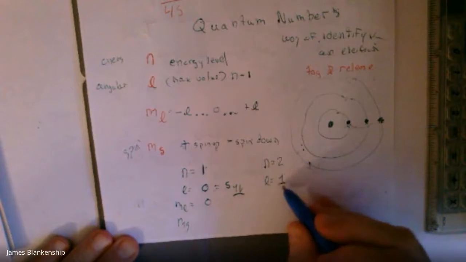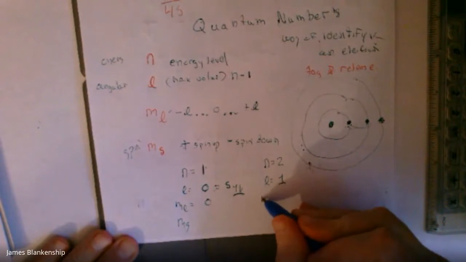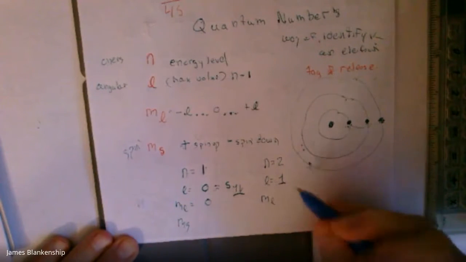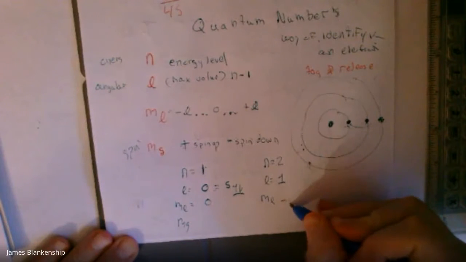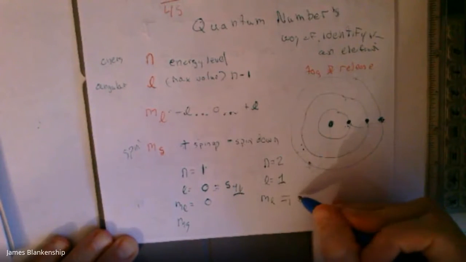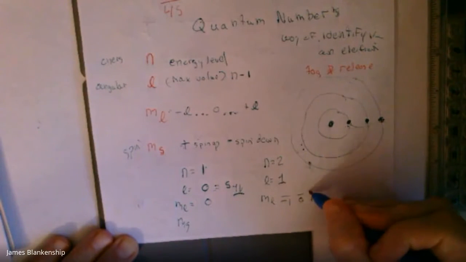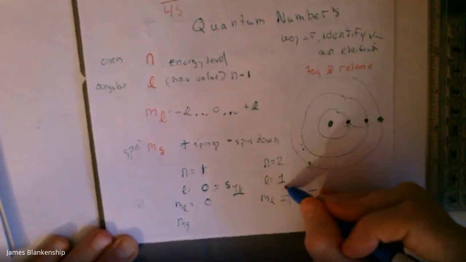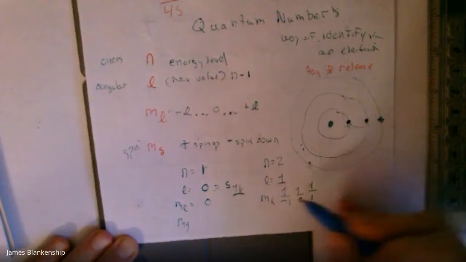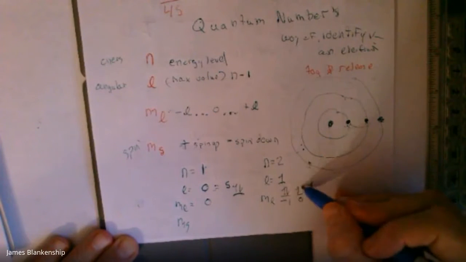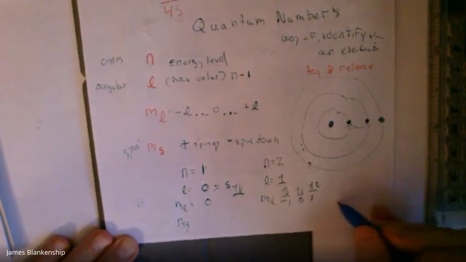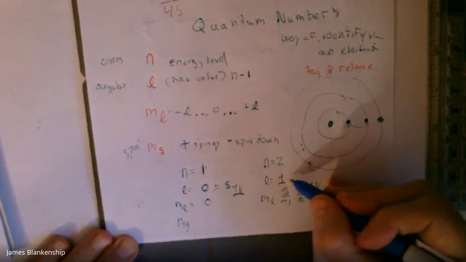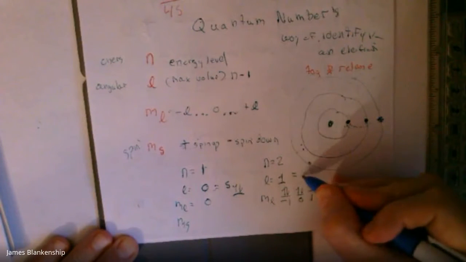Now, when our L equals 1, we can have an M sub L that is -1, 0, and 1. And each of these can have 2, so that's 1, 2, 3, spin up, 4, 5, 6, spin down. And that's why when your L is 1, you are in the P.